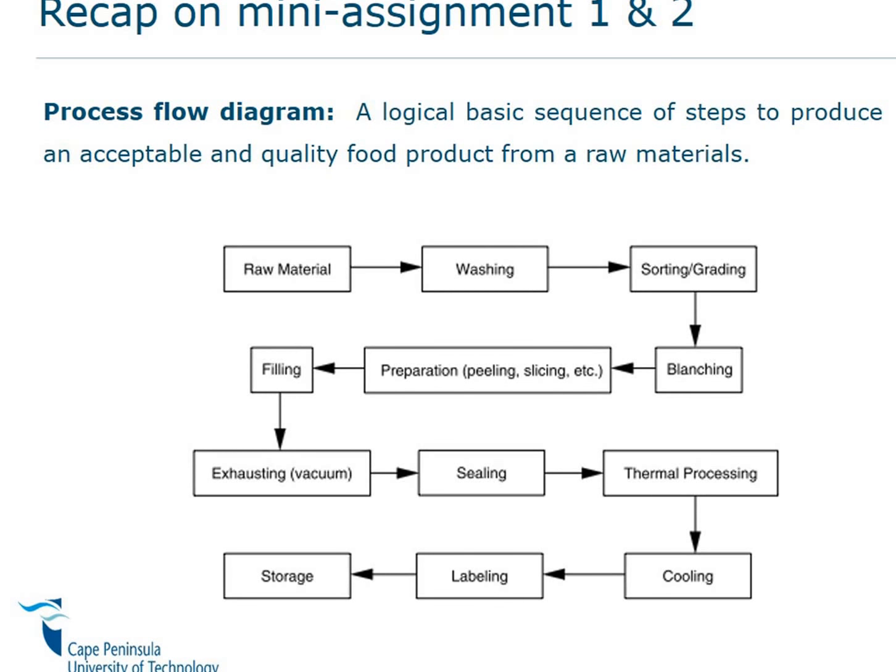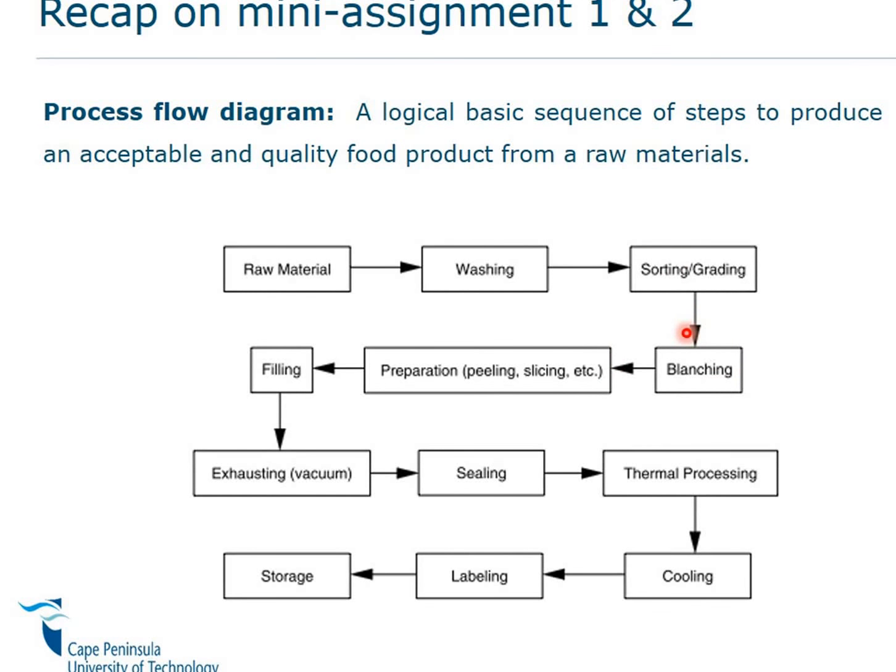If we look at this process flow diagram as depicted here, we see that there is a starting step, which is a raw material. Then this raw material is washed. It goes through sorting and grading operations. Sorting and grading will be our next chapter. After the cleaning of the raw materials, it goes through blanching.